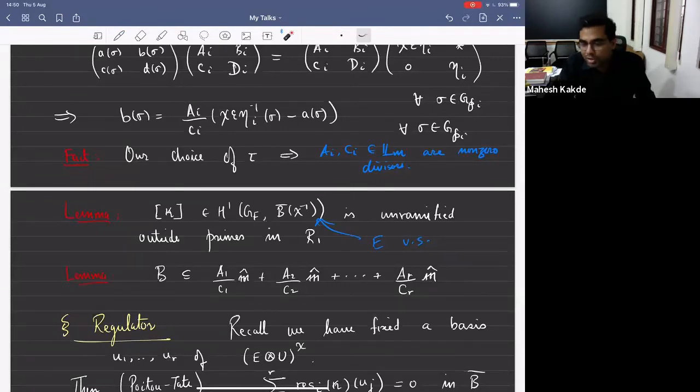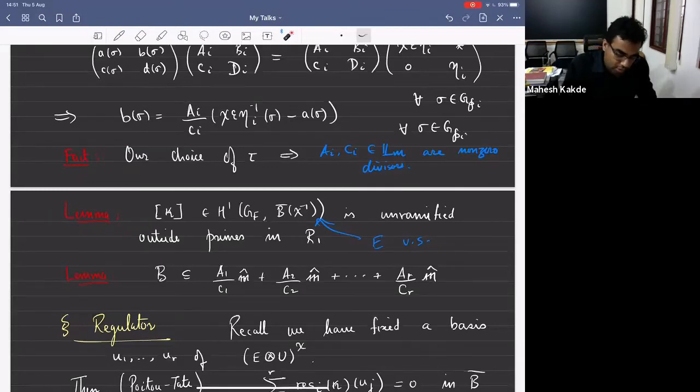So away from p, meaning I want to show that this is unramified at primes which are not above p. I'm considering primes which are not above p.